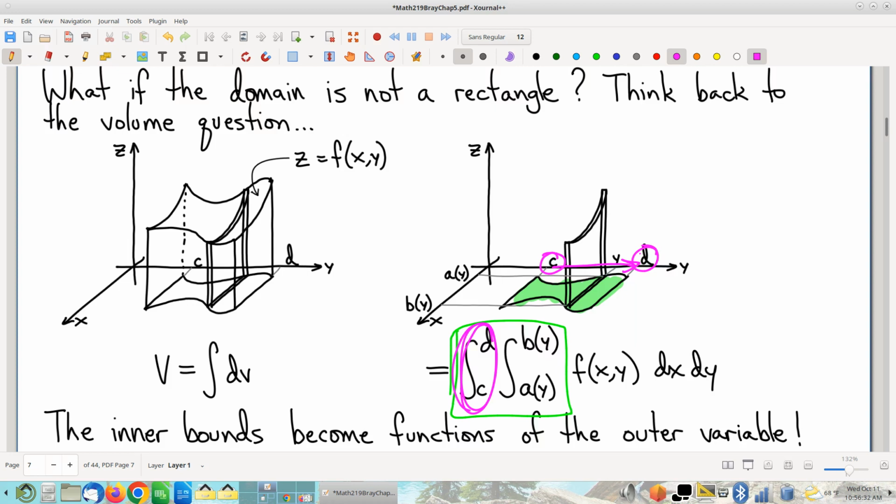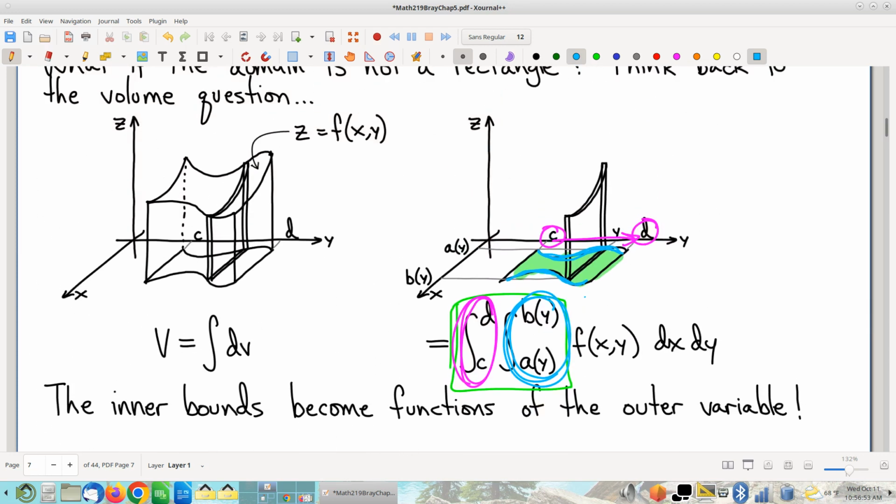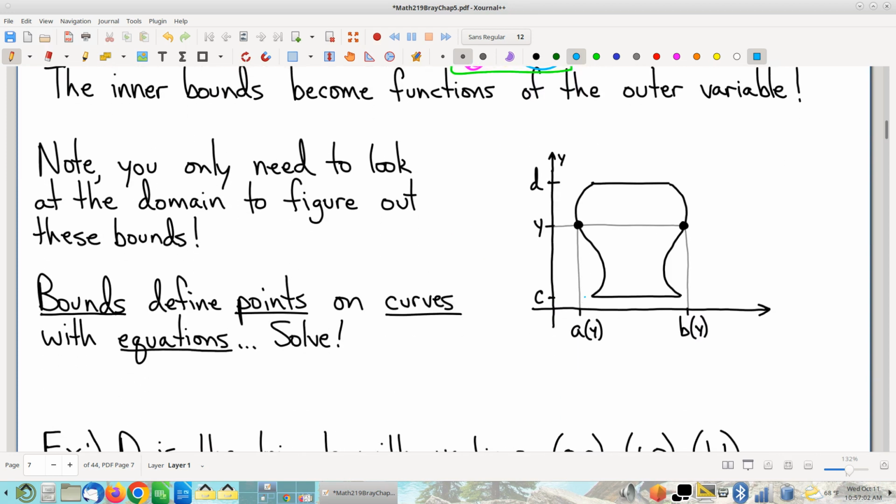Height's got nothing to do with it. And the inner bounds, as we just discussed, kind of come from the shape of these curves. And yes, there's a bunch of details, and we're going to see a bazillion examples of how to use those curves to get these inner bounds. But that's it. The bounds come from the domain itself. So you don't need to draw this hard three-dimensional picture and slices of it. Just draw the domain. The domain itself is much easier to look at.